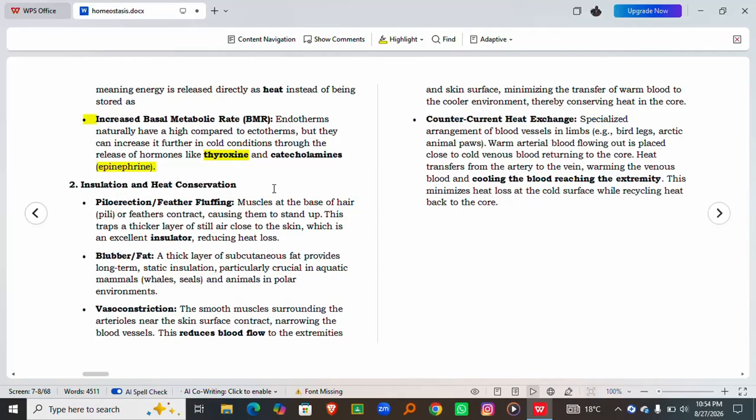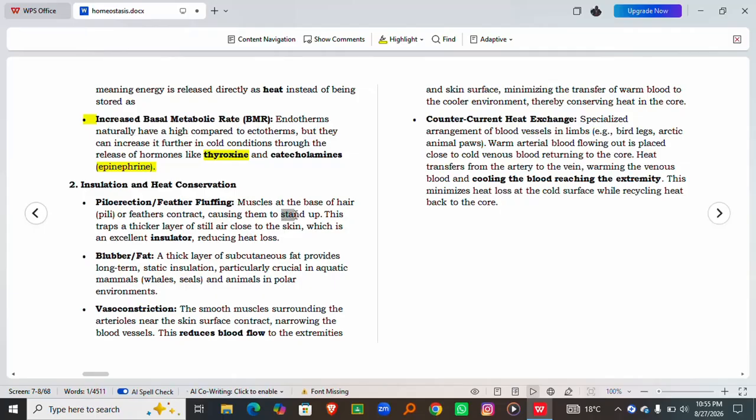Then secondly, the body has generated heat, but still it should look for ways of ensuring that the heat cannot easily be lost. That one is insulation and heat conservation. The first thing is piloerection or feather fluffing. The hair stands. This is because the muscles at the base of the hair, what we call the erectile muscles, contract and cause the hair to stand up.